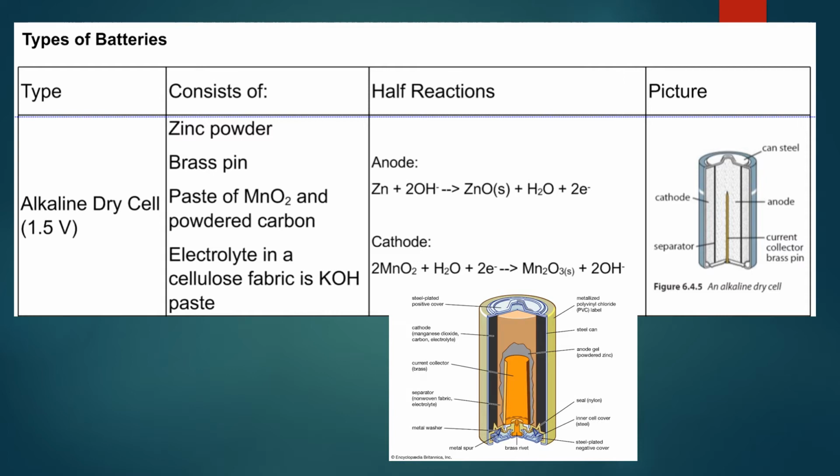The way that the batteries are set up is we kind of have this loop set up. So we've got the anode right in the middle, and that brass pin is acting as a current collector. So that's what the brass pin does. And then we have a separator that separates the anode from the manganese dioxide in the cathode.